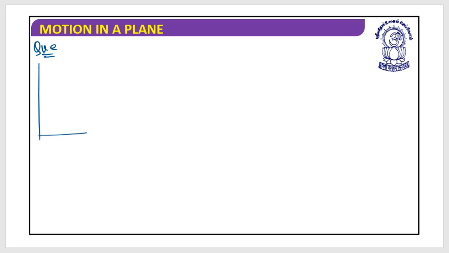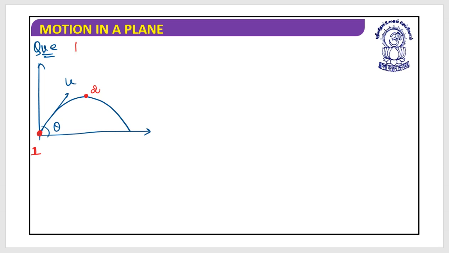Suppose the situation is something like this: this is u, this is theta, and this is point 1. At the maximum height, this is point 2.